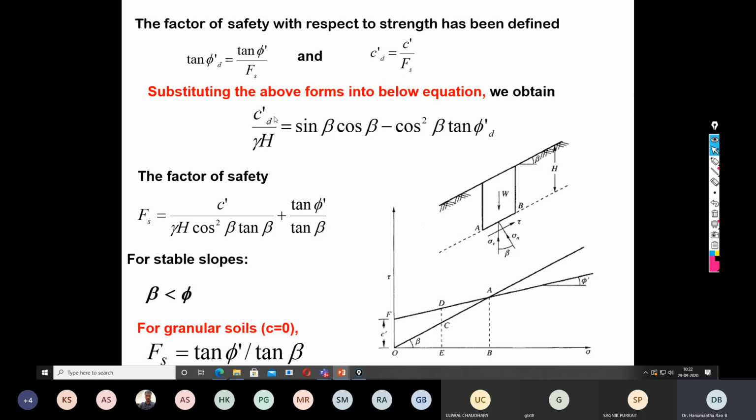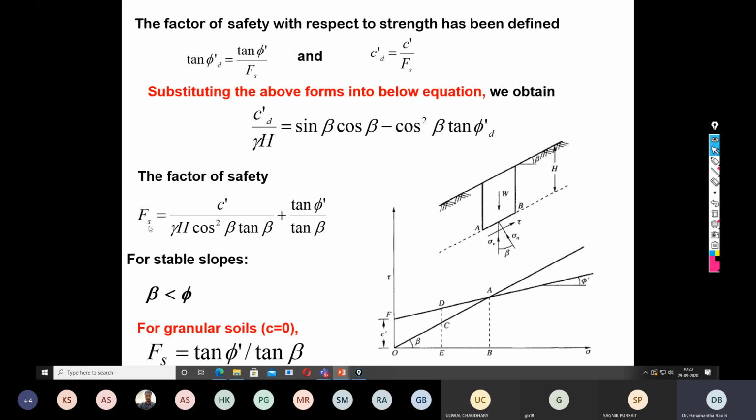Because we arrived at C dash d by gamma h is equal to sin beta cos beta minus cos square beta, for that you try to substitute the factor of safety Fs values in terms of the cohesion and in terms of the angle of internal friction. So C dash d can be written as C dash by the factor of safety. Similarly, tan phi dash d can be written as tan phi by factor of safety. So substitute everything here.